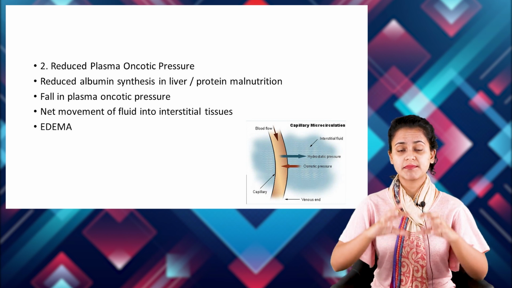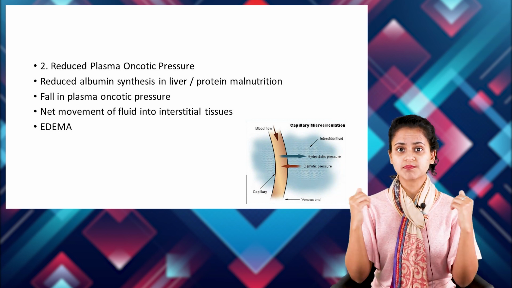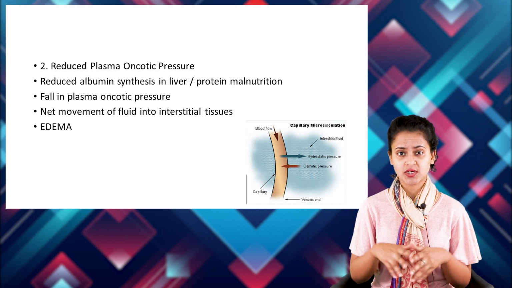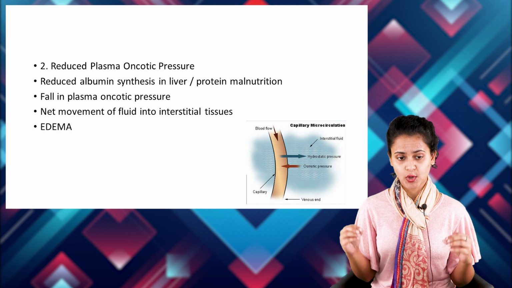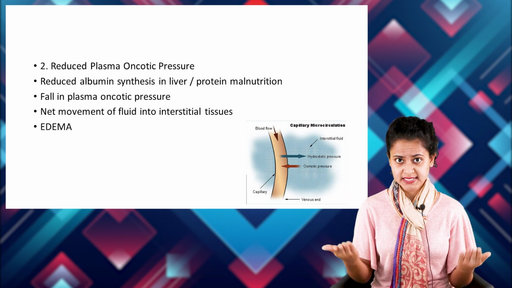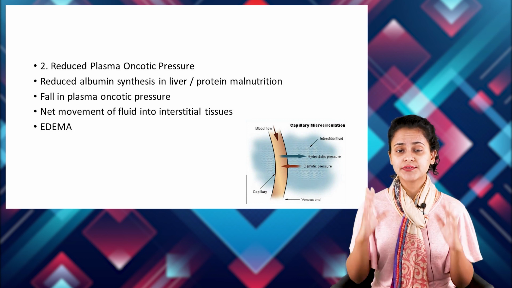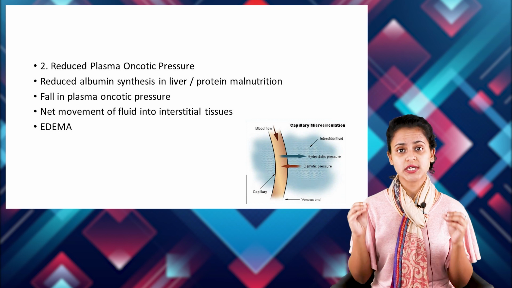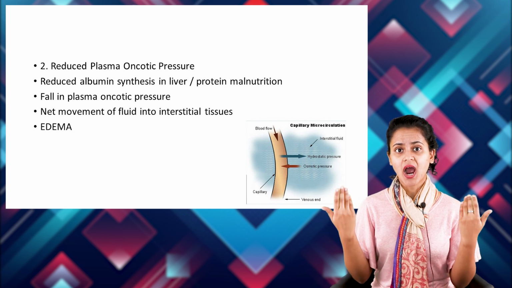These proteins regulate the oncotic pressure in the venous system as well as the arterial system in the body. As there is a fall in albumin, this decreased protein level ultimately reduces the oncotic pressure within the arteries.